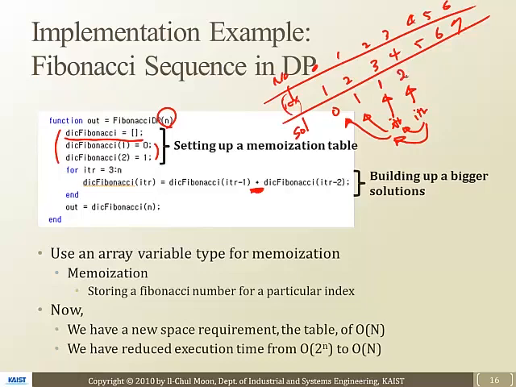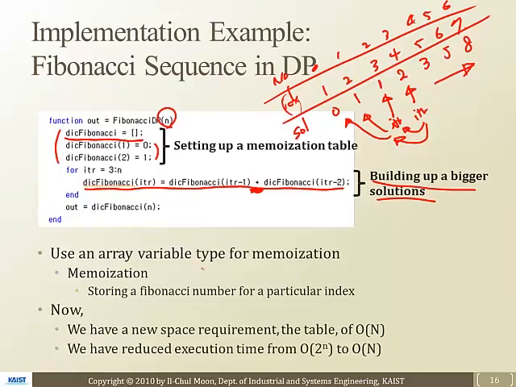Add them and put it here too, and 3 and 5 and 8 and so forth, right? So this is where we use the Fibonacci sequence memoization table and make this solution grow. This is for building up bigger solutions, right?